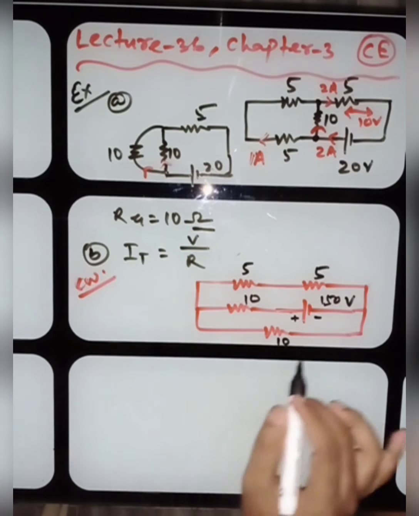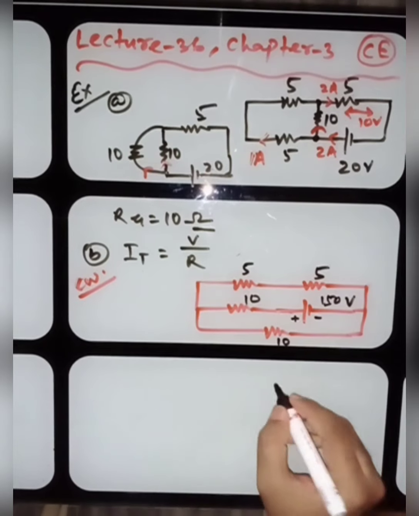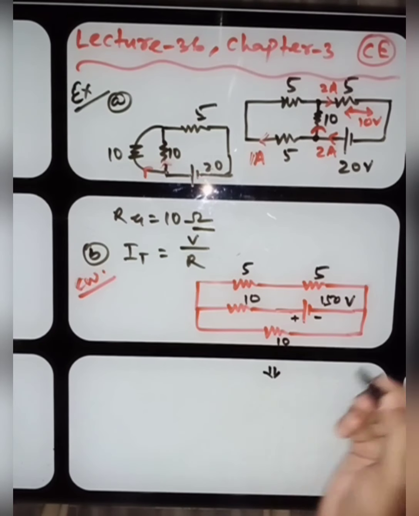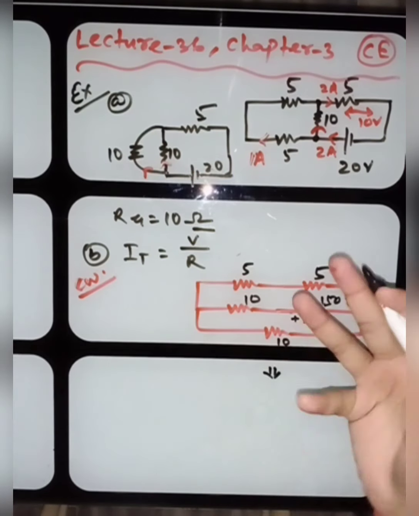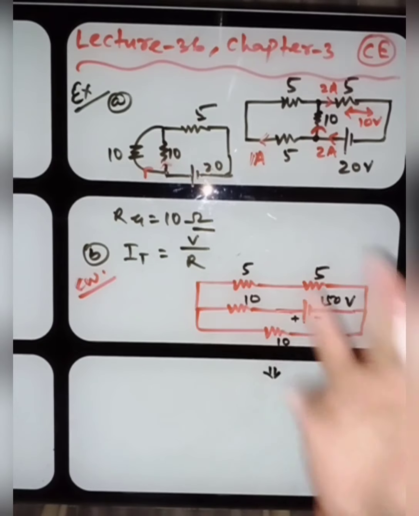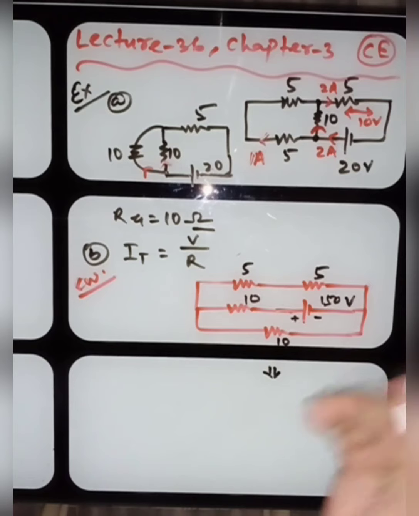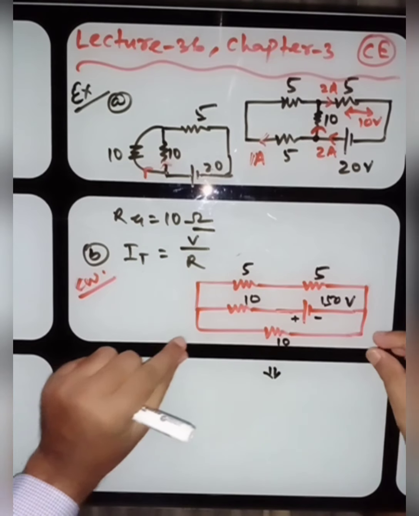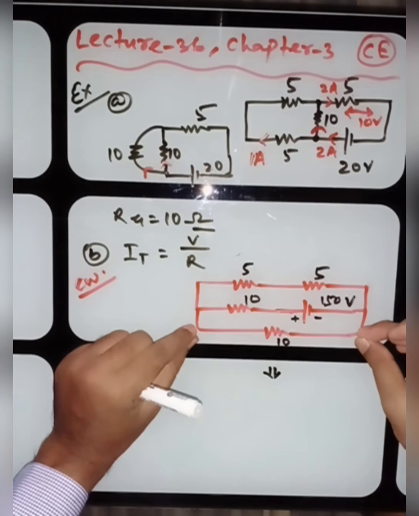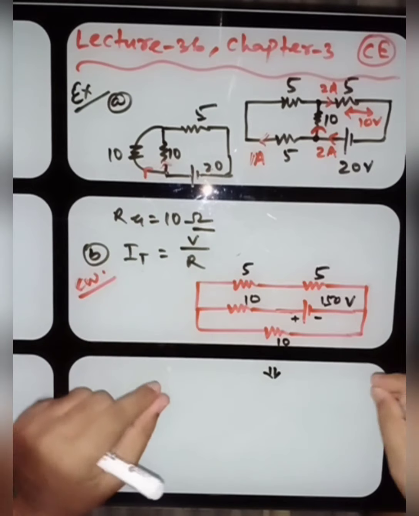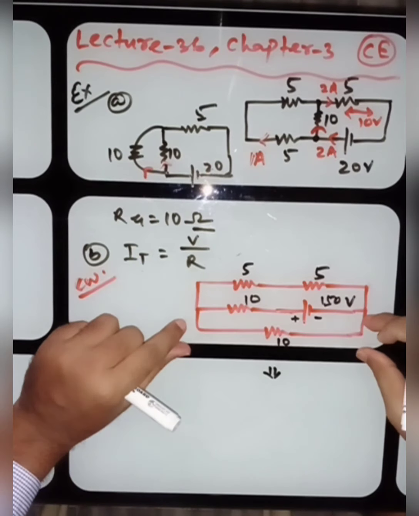First, equivalent resistance. You can see, my dear student, if you are very intelligent, then you can solve this question. But I am helping those students who are not able to see the circuit in a simple way. You can see this resistor can be taken above. It's no problem.